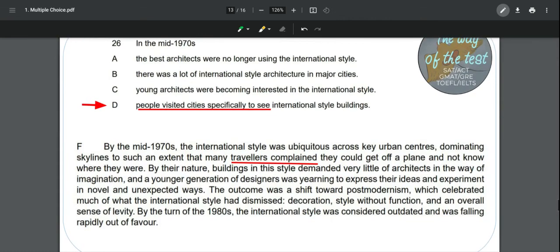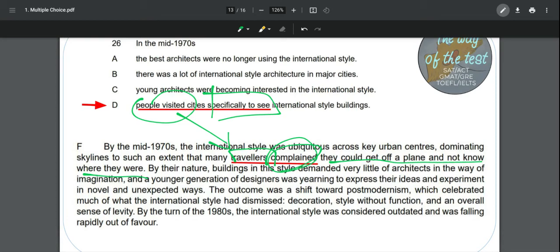We're going to see the last one. People visited cities specifically to see international style buildings. So we go to the people visiting, we go to travelers. Travelers are people visiting, okay? Again, it's not the exact same word, but it matches. And then they say specifically to see. But the text says that these travelers actually complained that they could get off the plane and not know where they were. So they are actually complaining about the international style.